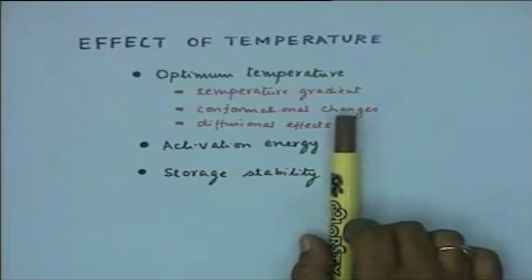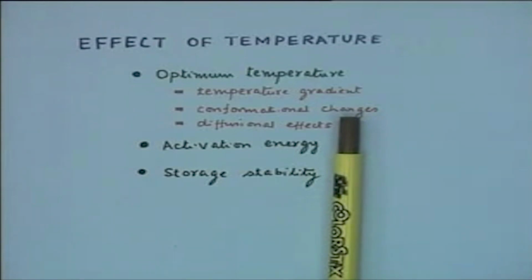In the case of activation energy, again the major contributing factor is the diffusional limitations, because as I mentioned, the diffusion process itself is highly sensitive to temperature. The activation energy in an immobilized enzyme preparation is essentially a net resultant of two temperature dependent processes, the chemical reaction and the diffusion.